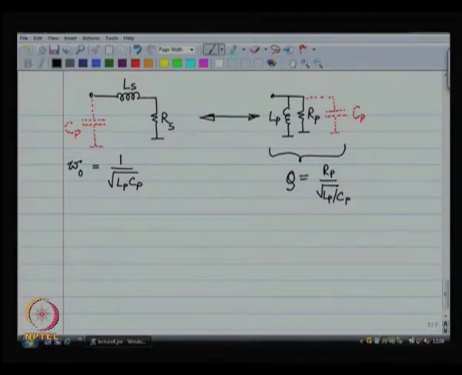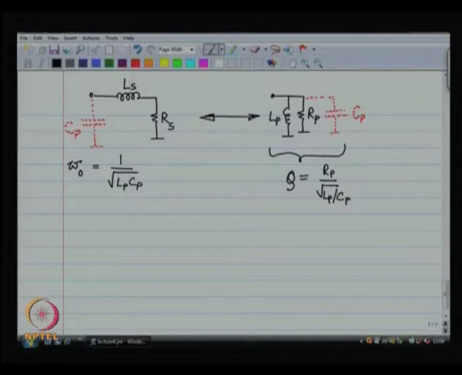This is the result for my parallel RLC network, and I really do not want to involve Cp in this. So, what you can recall is that Lp times Cp is 1 by omega 0 squared.